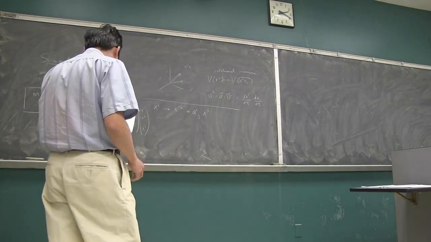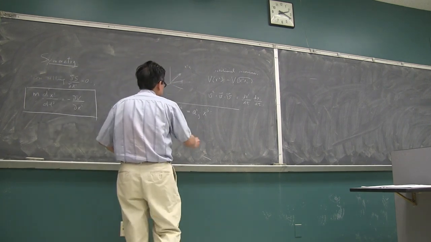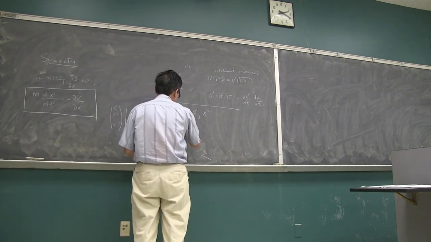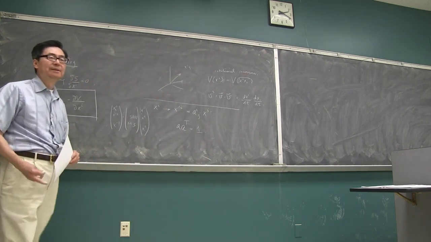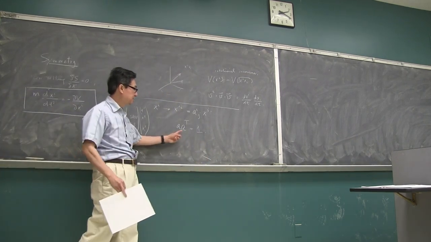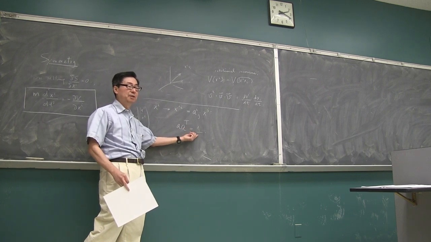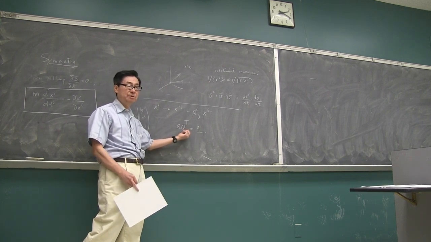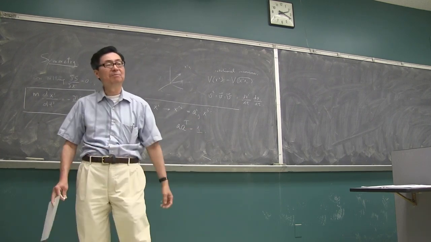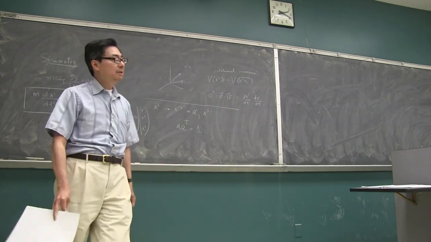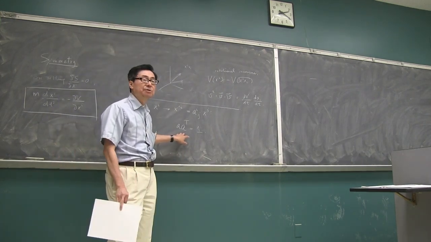Now the matrix A, because it is orthogonal, has to satisfy this relationship: A times its transpose must be equal to the identity matrix, because the transpose has to be equal to the inverse of the matrix. Any rotation matrix must satisfy this condition.